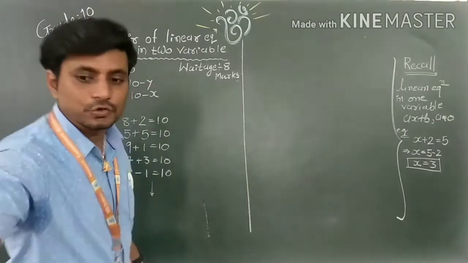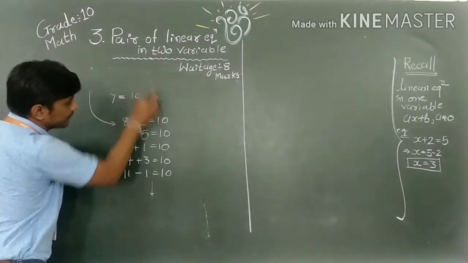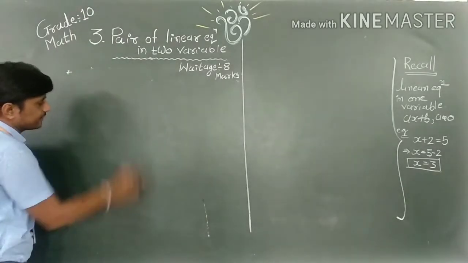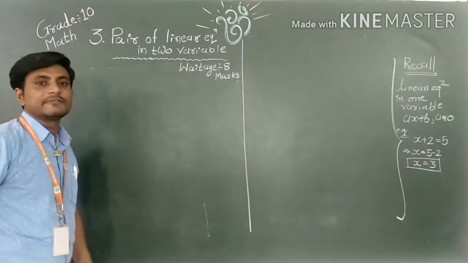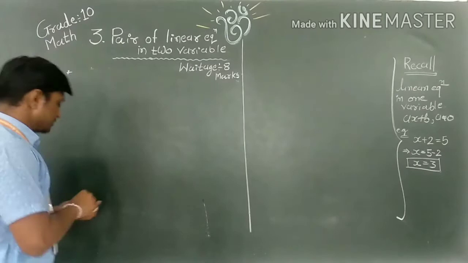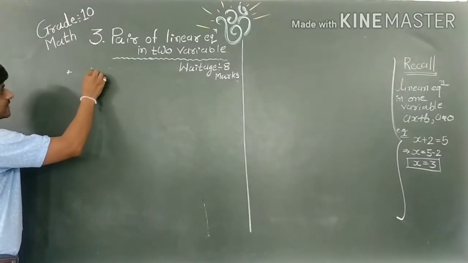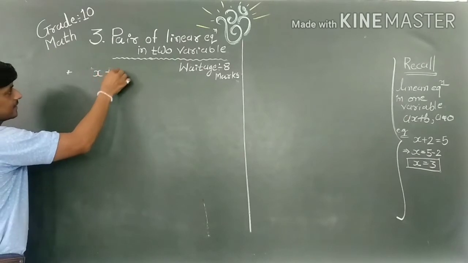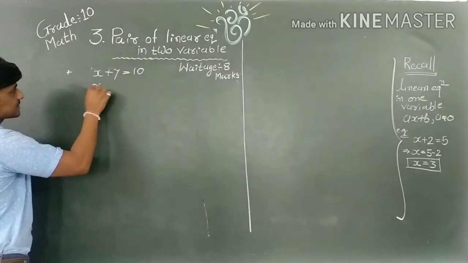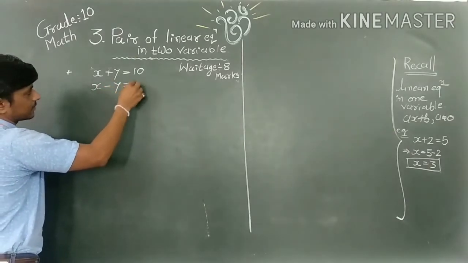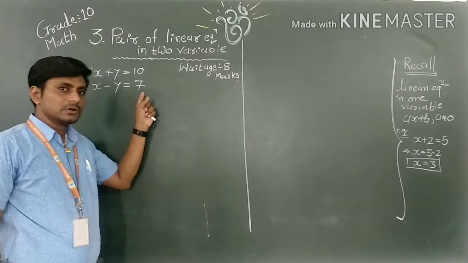If we have two variables, then we compulsorily need two equations. Then we get the values of the two unknowns. Suppose the first equation is x plus y is equal to 10 and the second equation is x minus y is equal to 7. This is equation 1 and this is equation 2.